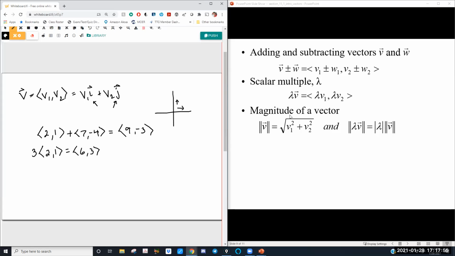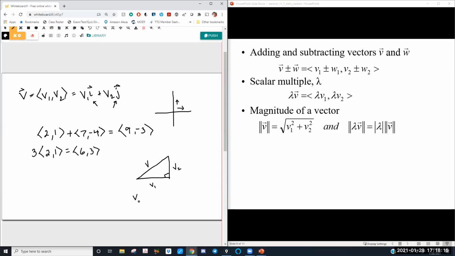The last one, magnitude of a vector. Notice what this looks like. Remember, we said before, if we have some vector v, here's v1, here's v2, we got a right triangle. Well, check that out.